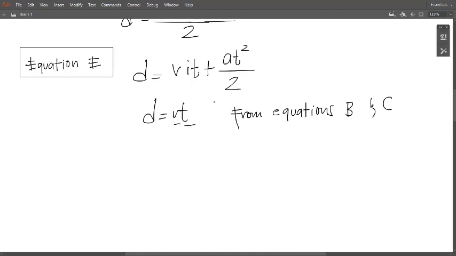Average velocity, as we remember it, a is for velocity. Velocity is equal to distance over time, which is equation a.